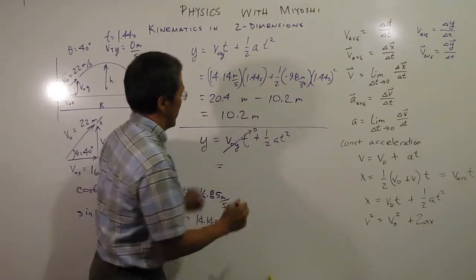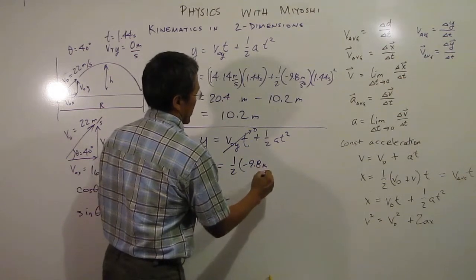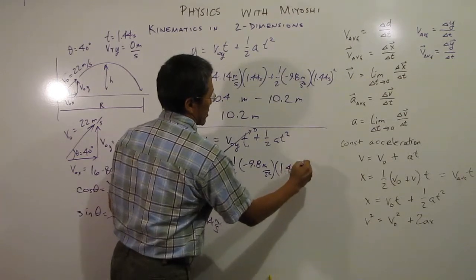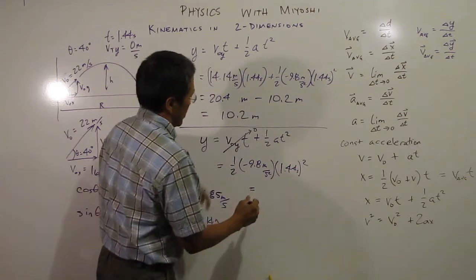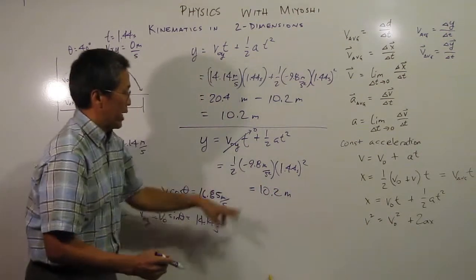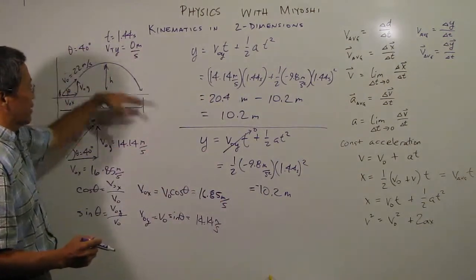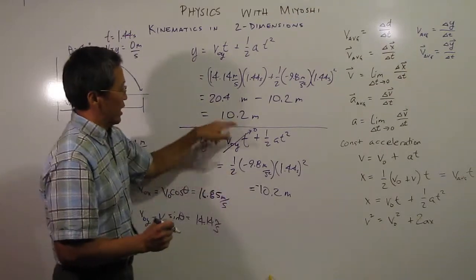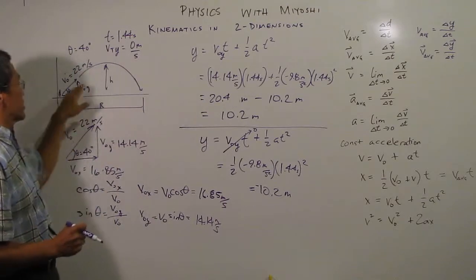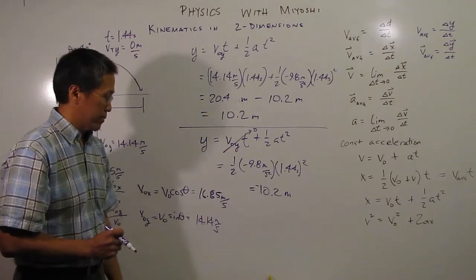The acceleration is still what it was up here, 1/2 times negative 9.8 meters per second squared times t squared, which is 1.44 seconds squared, which will give me 10.2 meters, exactly, except now it's a negative. And the negative just tells me that it fell from the top down to the bottom. Notice that they are the same except for the negative sign. One just says it's going up, and the other one says it's going down. But they should be the same quantity.